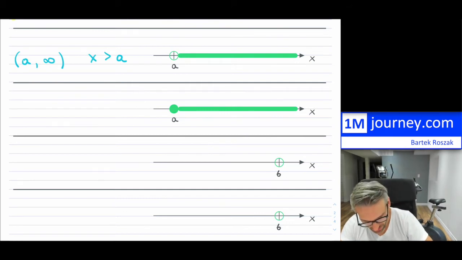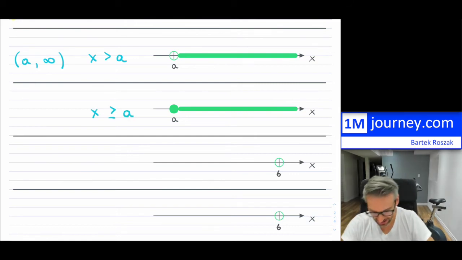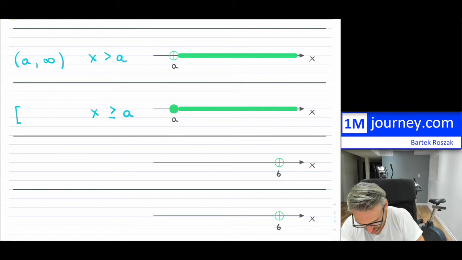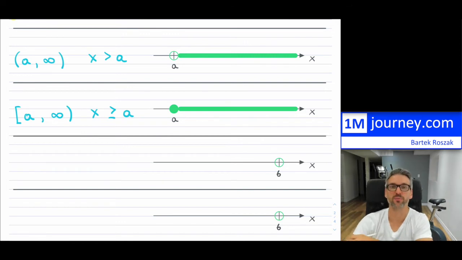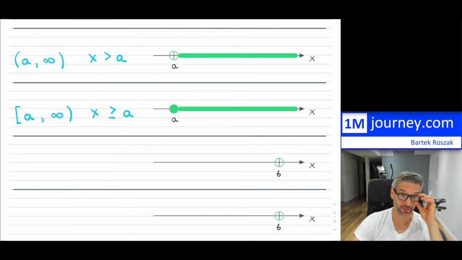And what that would be is X, which is greater than or equal to A, that's how we would write it, and now instead we would put a square bracket, this would be A, and this goes all the way to infinity. Now again, we put round brackets around infinity, because infinity is not really a number. All right, so that's how we would have this.